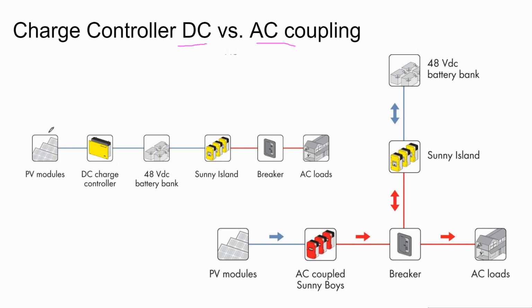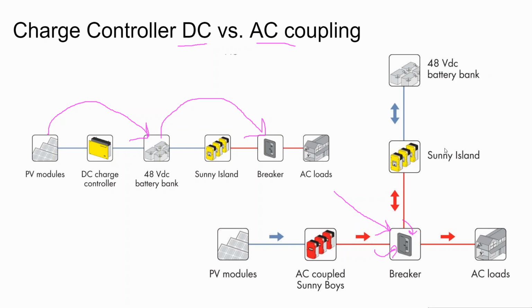On a DC coupled array, the solar array is hardwired to the batteries, and then the batteries through the inverter go into the load. Whereas on an AC coupled array, the solar array is separate from the battery bank, and they're both wired into the AC service panel.